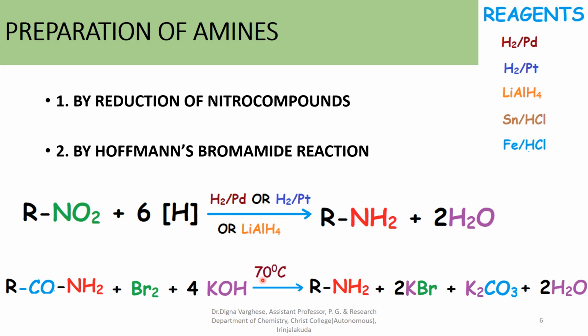We will get primary amine, potassium bromide, potassium carbonate and water. So the CO part is removed from this and we will get the RNH2. Okay. So these are the preparation methods we are going to discuss here.